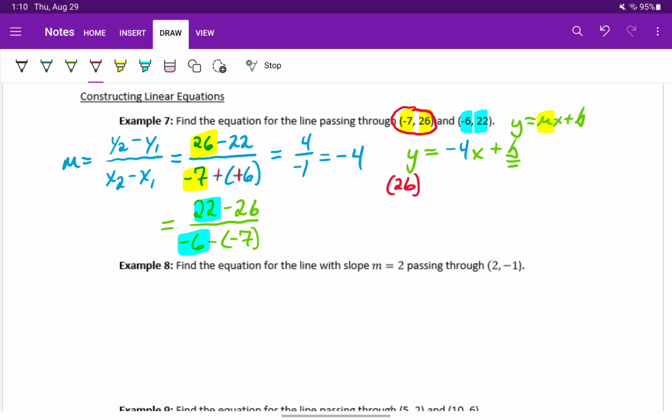Because they're a solution, they have to be a solution to the equation that we're constructing. So we'll plug in 26 for y and negative 7 for x, which leaves us with a single variable left to solve for, which is that y-intercept of b that we're after.